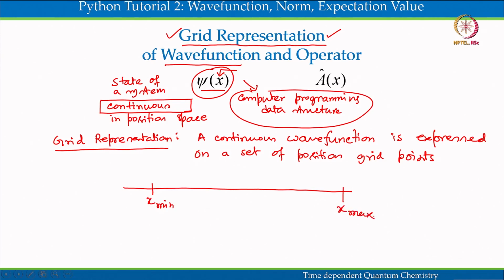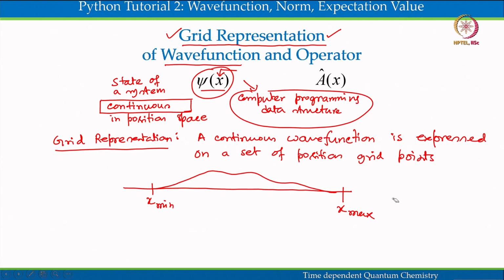Within this range we will express the wave function, and we will assume that at this boundary, x minimum and x maximum, the wave function becomes 0. So it will be 0 at minus infinity and plus infinity as well. So we are following the boundary condition in the computer programming.